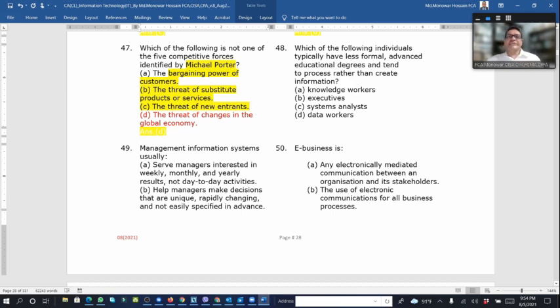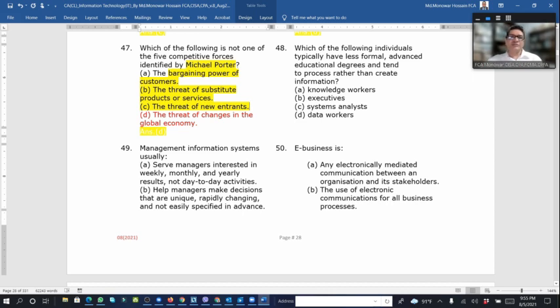If you see question 48, which of the following individuals typically have less formal advanced educational degrees and are trained to process rather than create information? Knowledge workers, executives, system analysts, data workers.